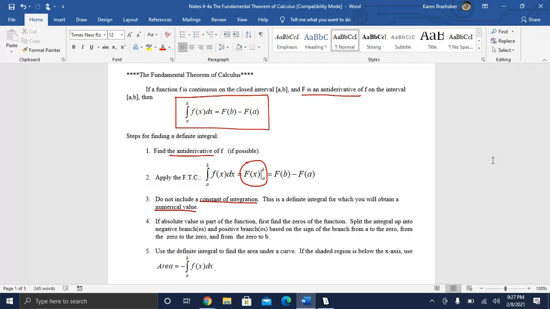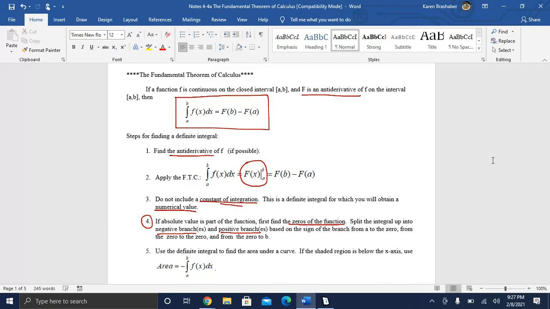My number 4 in the steps: if you have absolute value as part of the function, you will need to first of all find the zero of that function. So in other words, find the vertex, and then you'll have a negative branch and a positive branch that you'll need to use as we integrate with absolute value.